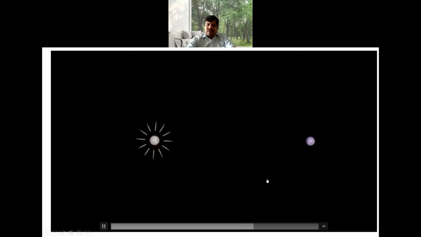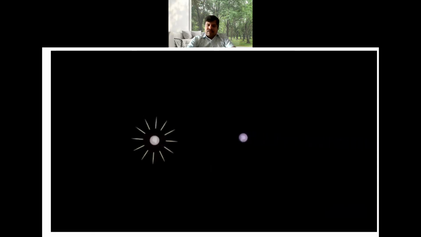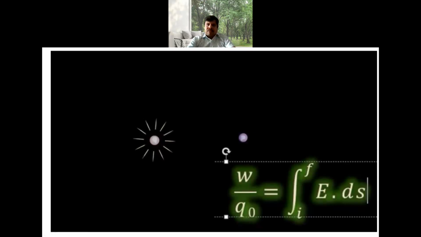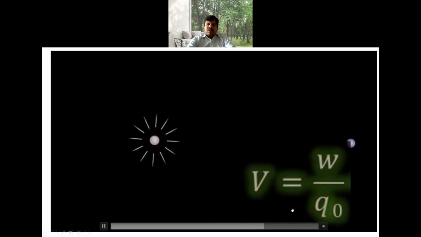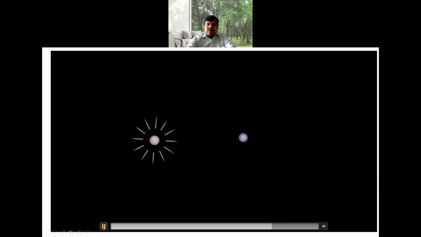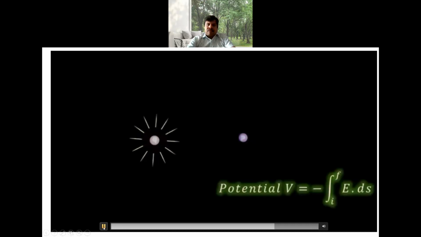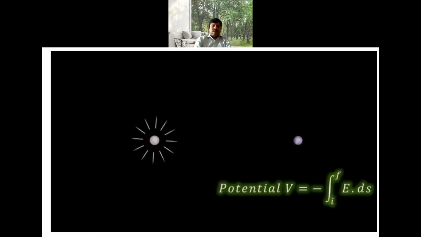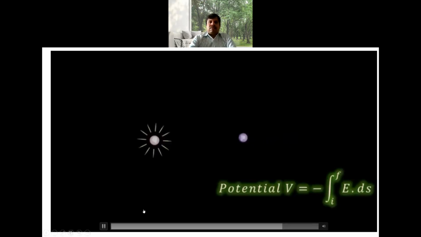Dividing both sides of the equation by test charge Q naught, we get W by Q naught, and this W by Q is the potential difference. So the potential V is equal to minus integral I to F E dot ds. This minus sign is due to the fact that the work must be done against the electric field in moving the charges apart.